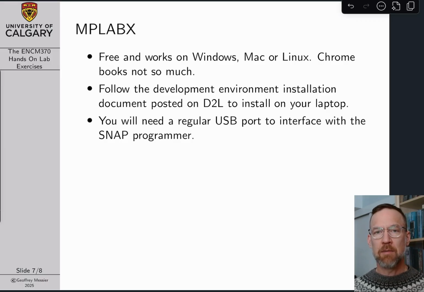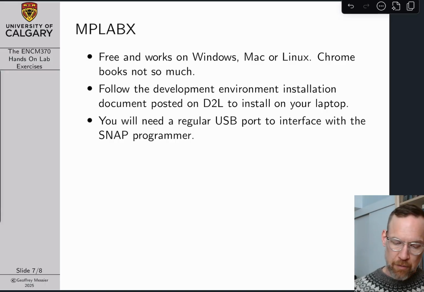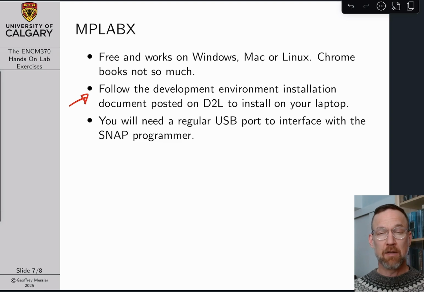The development environment is provided by Microchip, the maker of the AVR chips, and it's called MPLAB X. It's free, it works on Windows, Mac, and Linux, and I've got instructions in the Lab 1 folder for downloading and installing the MPLAB X environment.